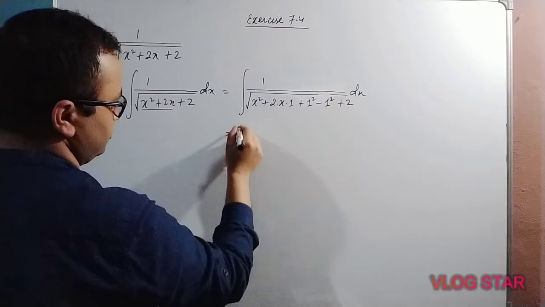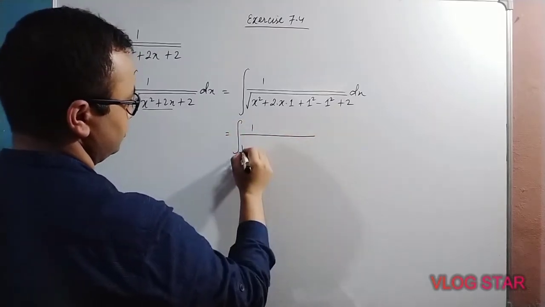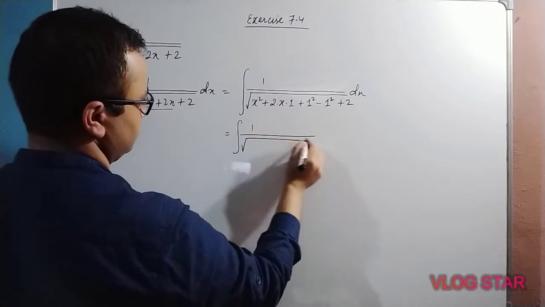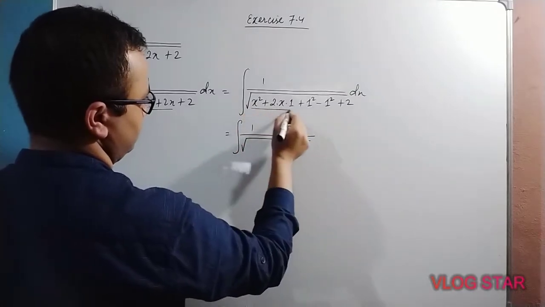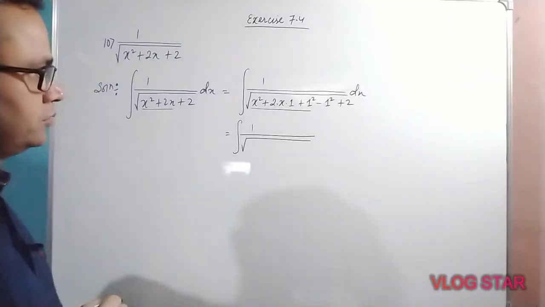This equals integration of 1 by root over, now this is the formula of a plus b whole square.